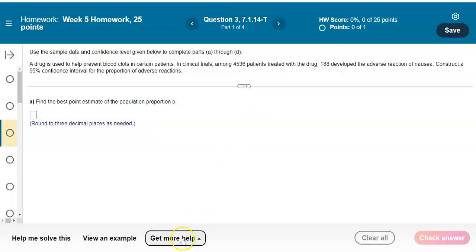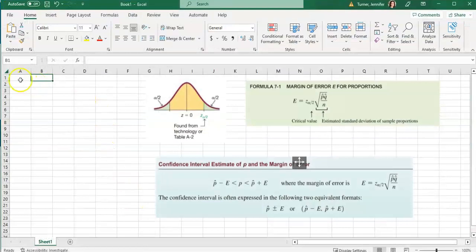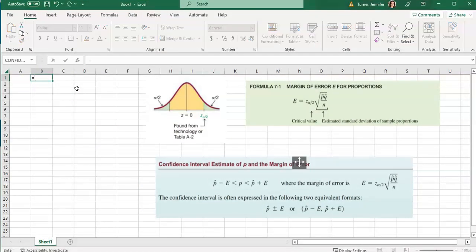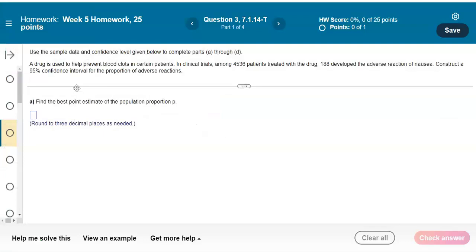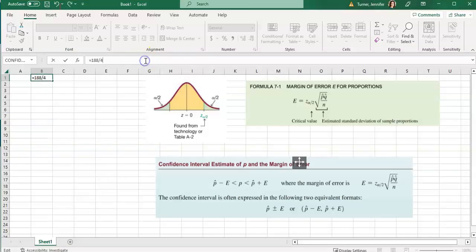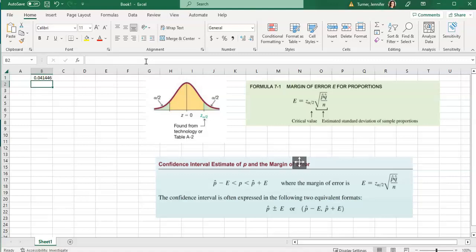We can do that in Excel quickly using it like a calculator. Anytime we start a formula in Excel, we start with an equal sign. So we type 188 divided by 4,536. Once we're done typing, we hit enter, and that gives us the proportion value we were looking for.